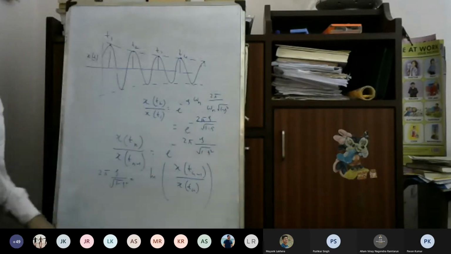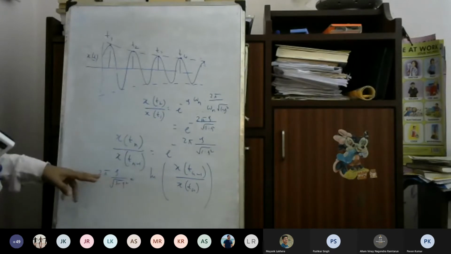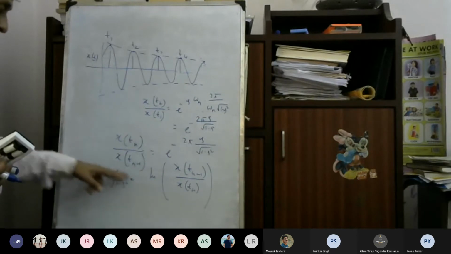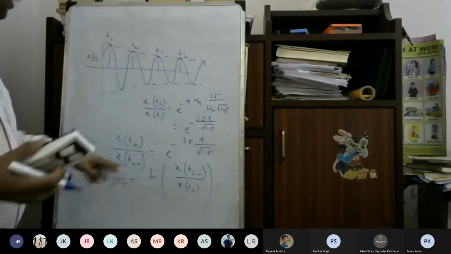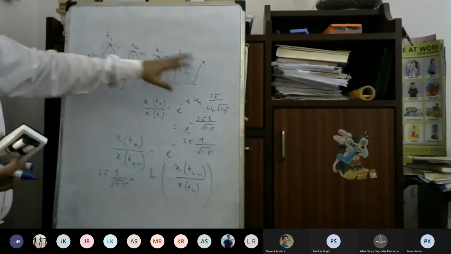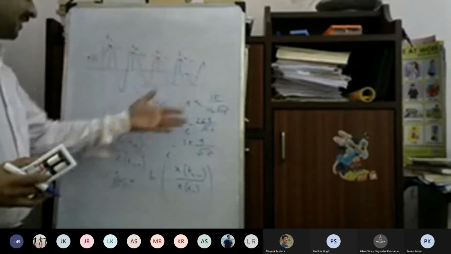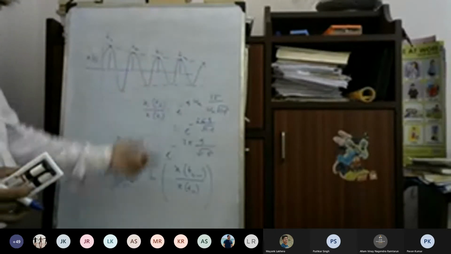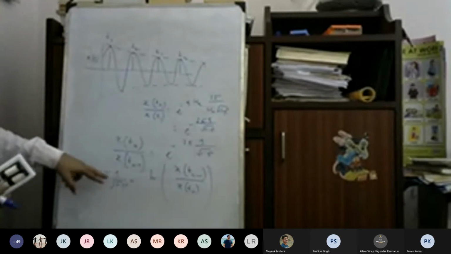But getting the damping is a very difficult task, and this gives us one way to find out the damping ratio. So we measure the responses at different time instances when it reaches the peak, get this ratio for two consecutive values, and from that calculate zeta using the logarithm.